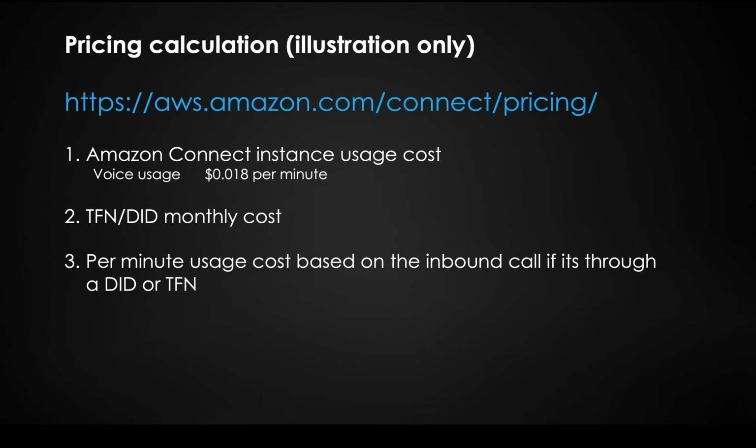Just wait for my next video, where I will explain how you can use the information you captured and multiply it with the cost to identify how much you're going to pay in a month, plus what additional services you need for the Amazon Connect instance to work. And we'll also talk about how much approximately you'll pay for those services. Once you add all those, you will come up with a monthly usage cost.